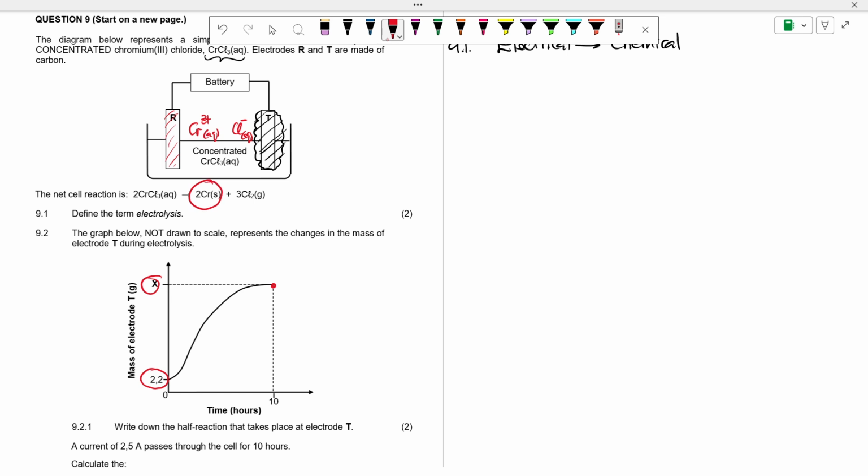So which one between the solid and the gas will make the electrode increase in mass? Is it a gas or a solid that is going to make T increase in mass?